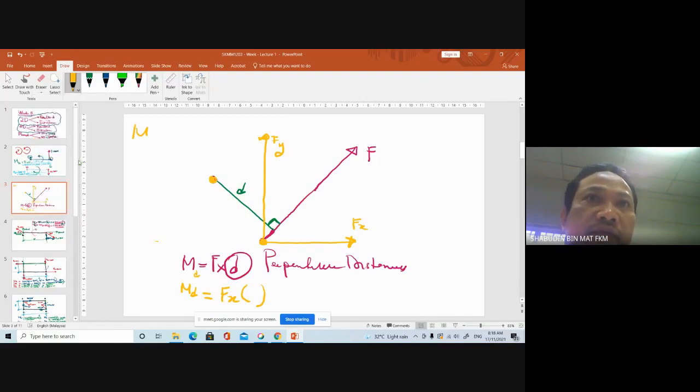You can extend the force as you like because it is a vector.